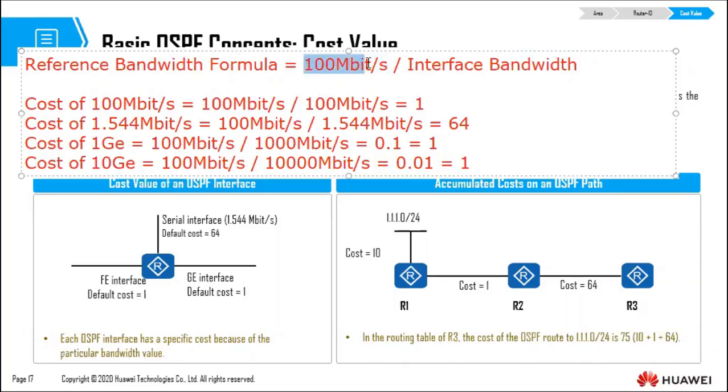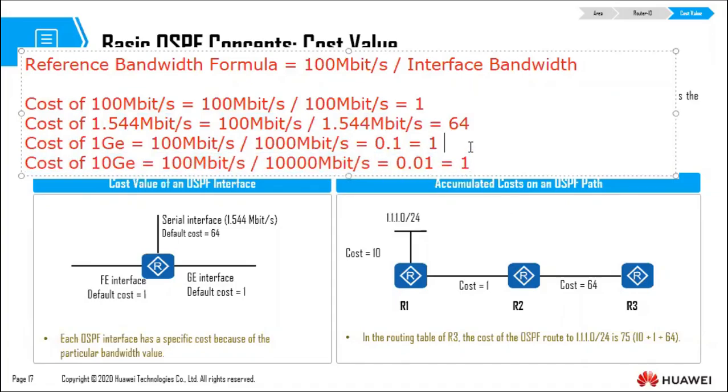You can configure this value to be a higher value. Reason being, you don't want the cost of this link to be the same as the cost of this link. With this formula, the cost of 100 megabits, 1 gig, and 10 gig is the same. All of them have a cost of 1.